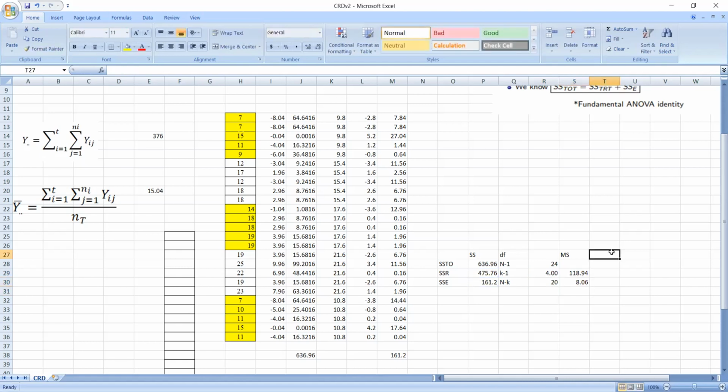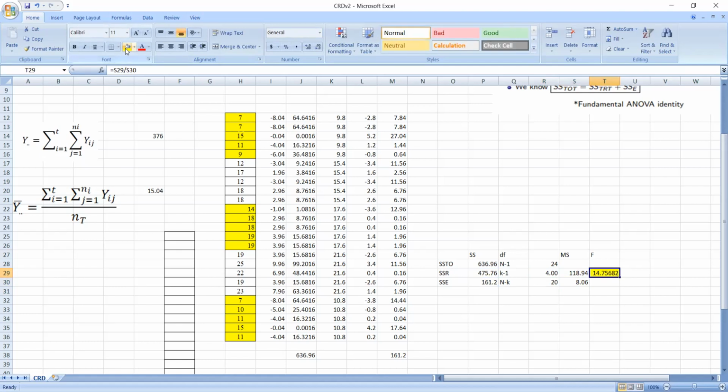And then you can calculate the F value. To calculate the F value, you take the regression mean square MSR value divided by the MSE value. So you can see the calculated F value is 14.75.